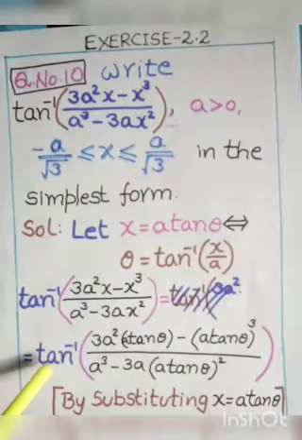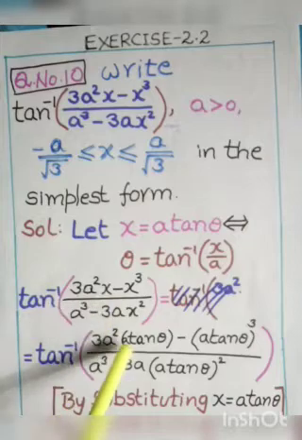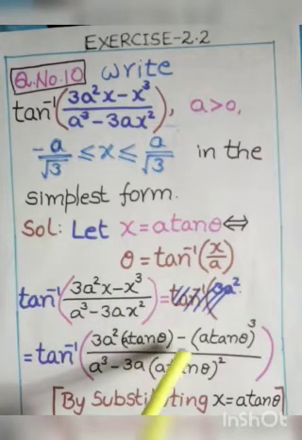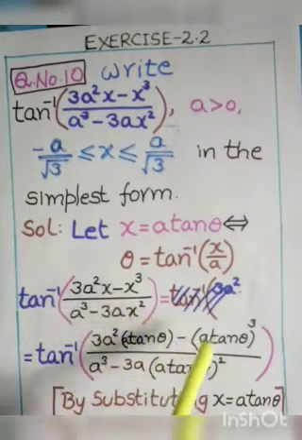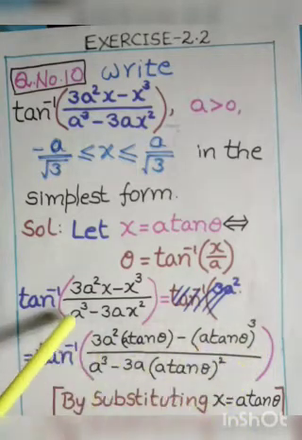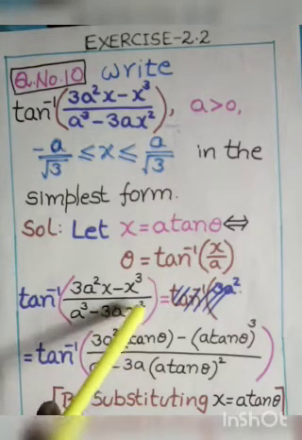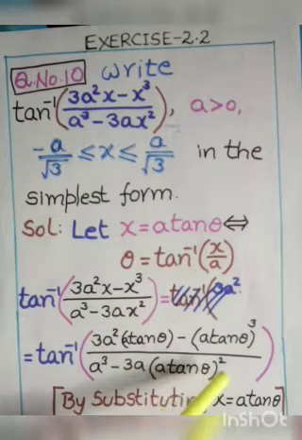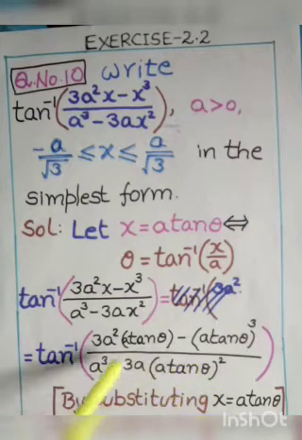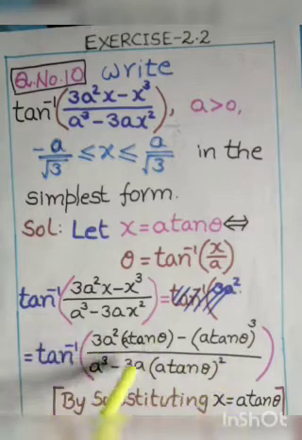So that is equal to tan inverse of 3a square, here x is there, so we write a tan theta, minus, here x cube is there, so we write (a tan theta) whole cube, whole divided by a cube minus 3a into, here x square is there, so we write (a tan theta) whole square. Understood this step, my dear children? By substituting x is equal to a tan theta, we are getting this step.